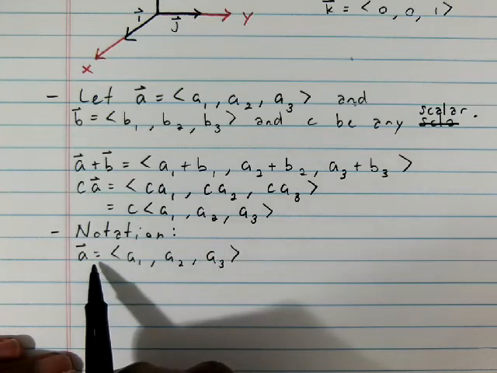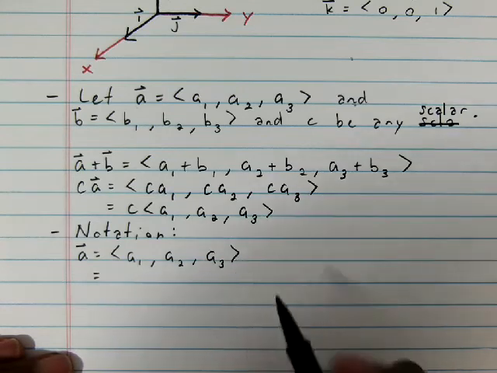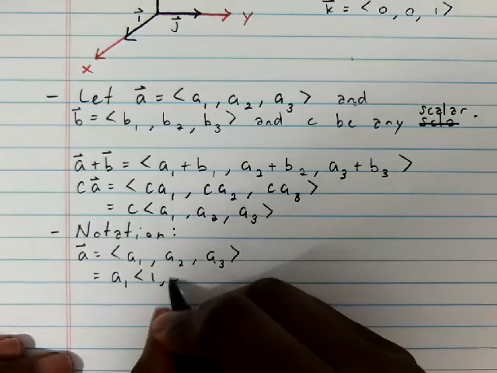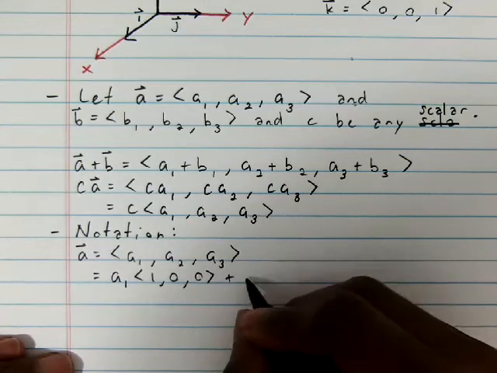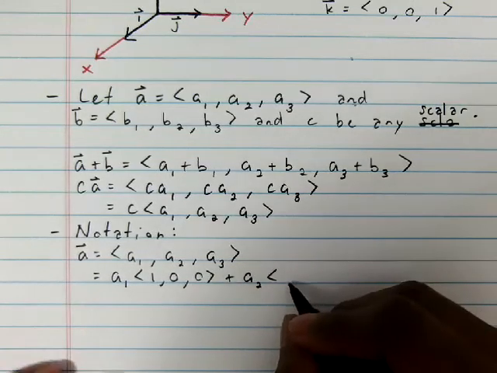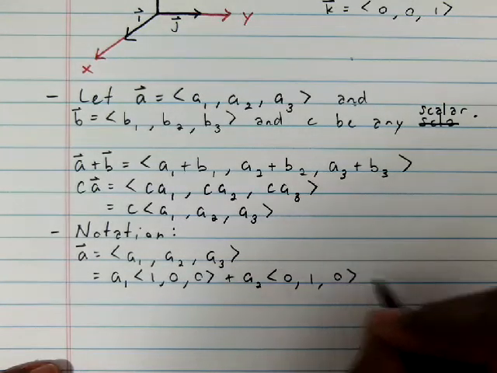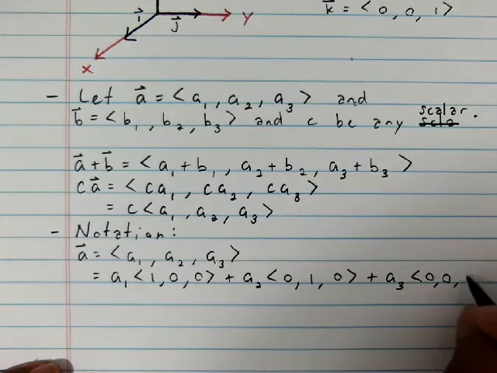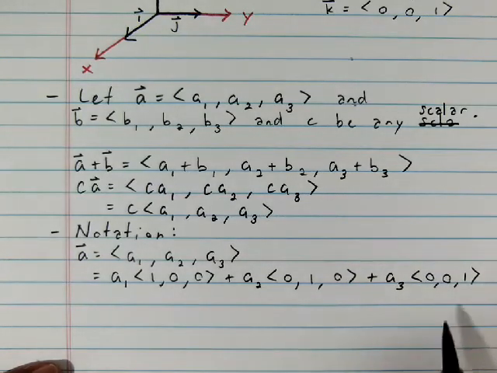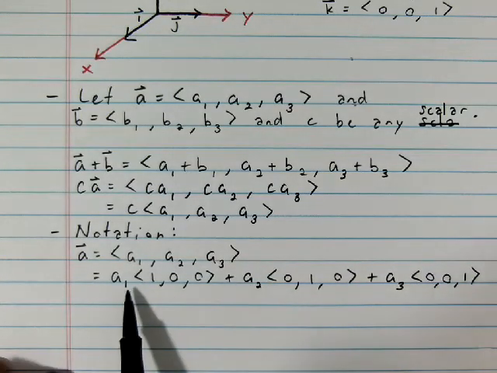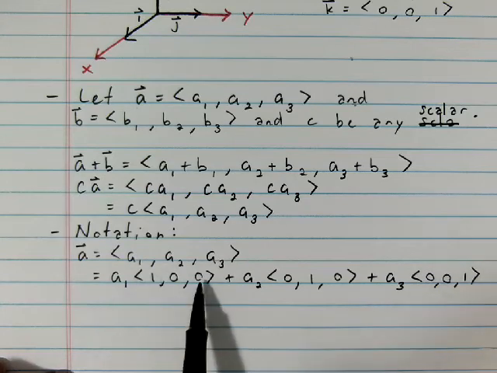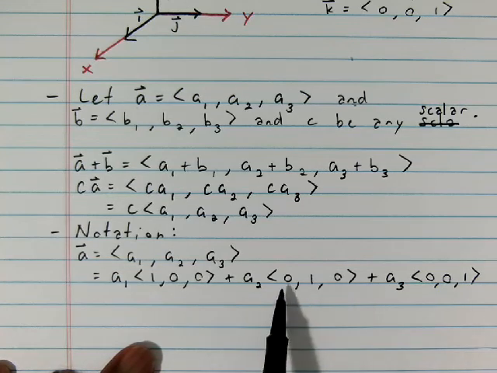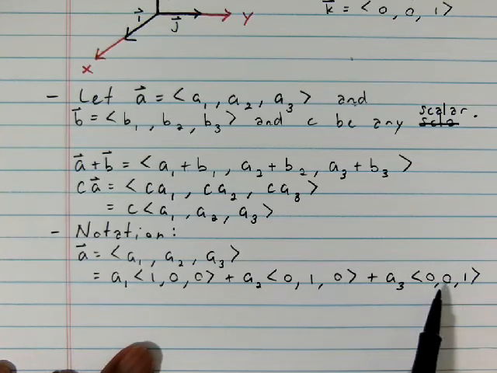So this A, we can rewrite as A1 times the vector 1, 0, 0, plus A2 times the vector 0, 1, 0, plus A3 times the vector 0, 0, 1. Why can we rewrite it this way? Because if we do A1 times the vector 1, 0, 0, we get the vector A1, 0, 0. Here we get the vector 0, A2, 0, and here we get the vector 0, 0, A3.